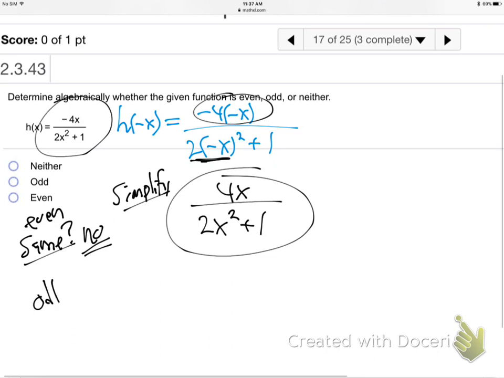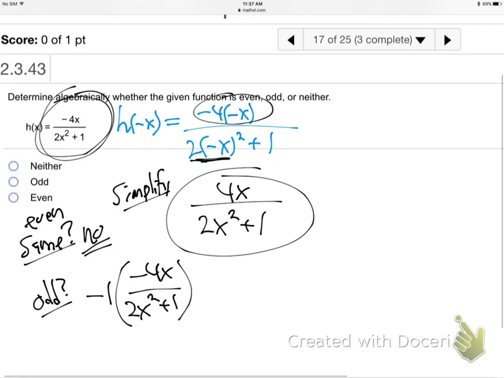Is it odd? Meaning if you take negative 1 times the original, this is the original, do you get that one? What does a negative do when it hits a fraction? Does it go to both? It just goes to one of them, right?